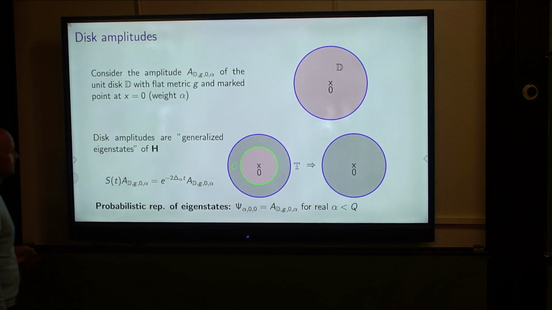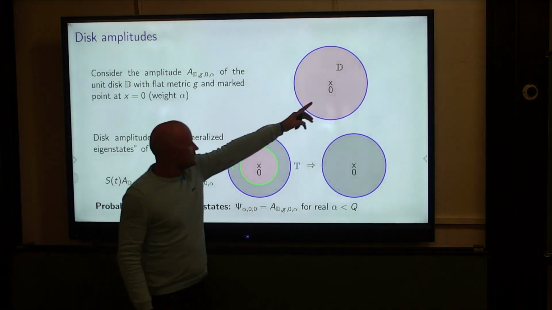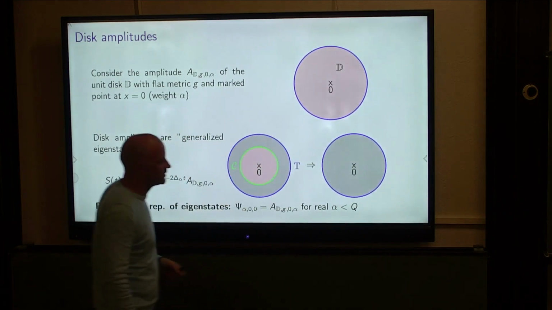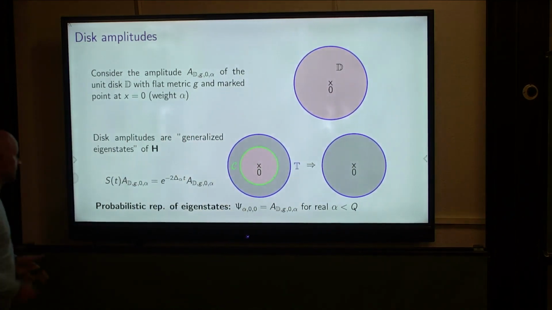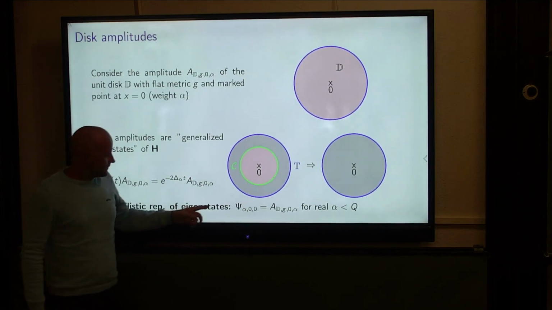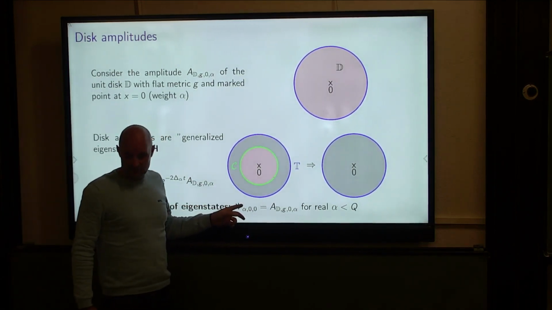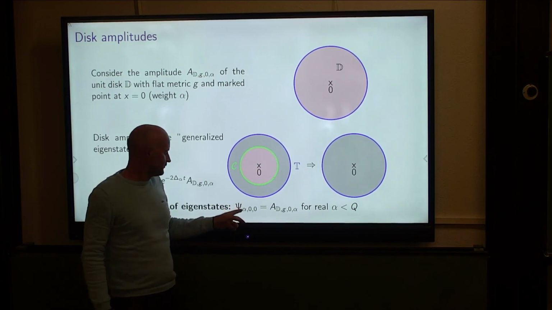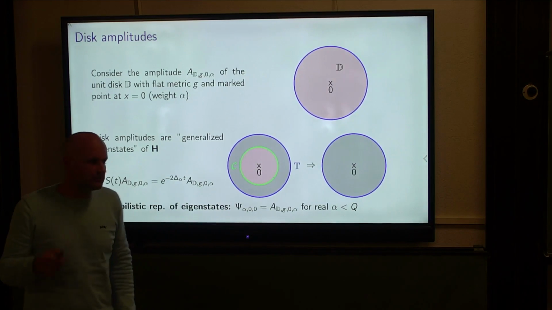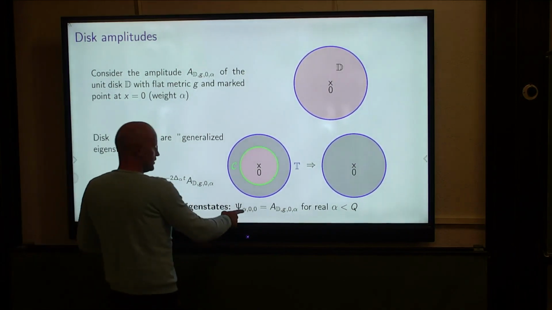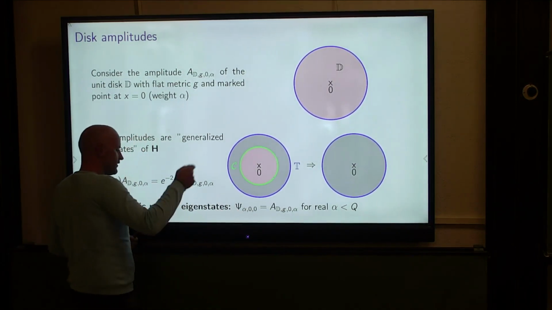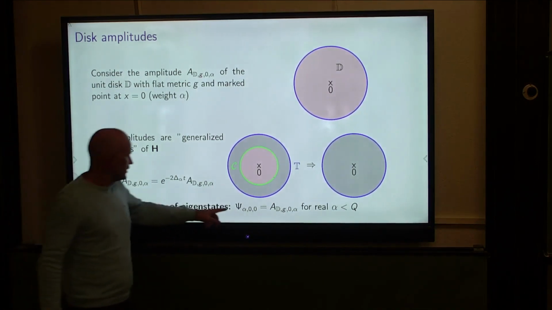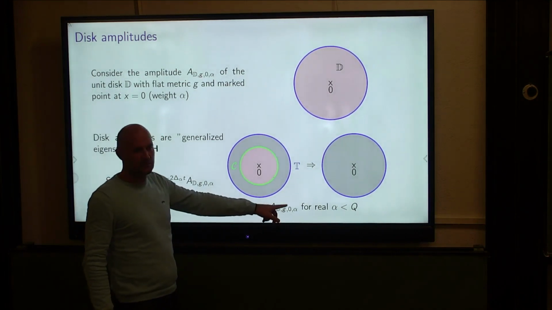What is the correspondence, the link between these disk amplitudes and these Liouville eigenstates? Recall that we have this family of eigenstates that we obtained analytically. They can be analytically continued in the parameter alpha, and when you continue alpha to the real line, these eigenstates are given by the disk amplitudes.